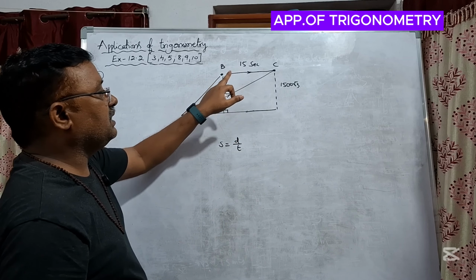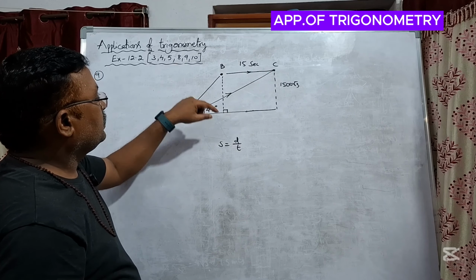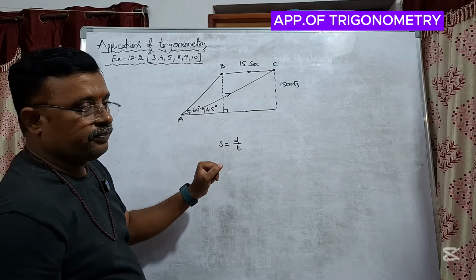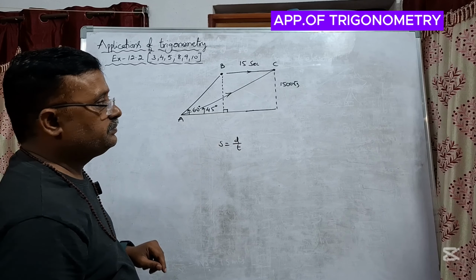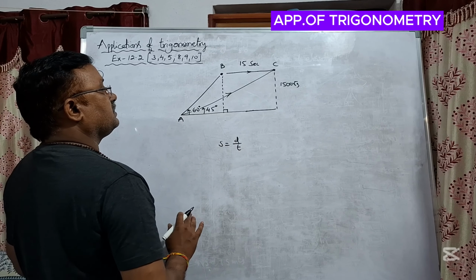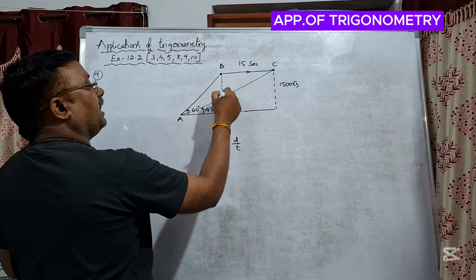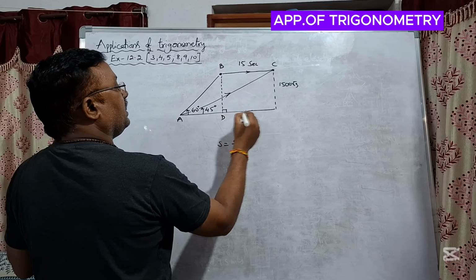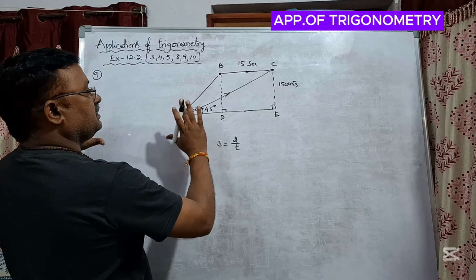Already time is given that the jet is flying for 15 seconds. So if we are able to find this distance BC, that gives distance by time as the required speed of the jet. For that, what we have to utilize? Observe that when the jet is at B, the height will be A, B, C, D, and this one is E. Understood, Nana? This is the data.